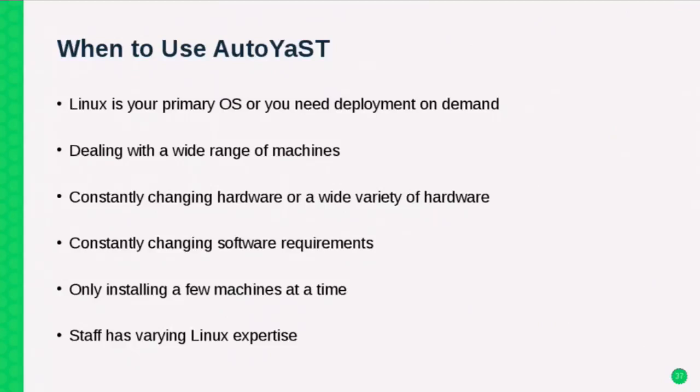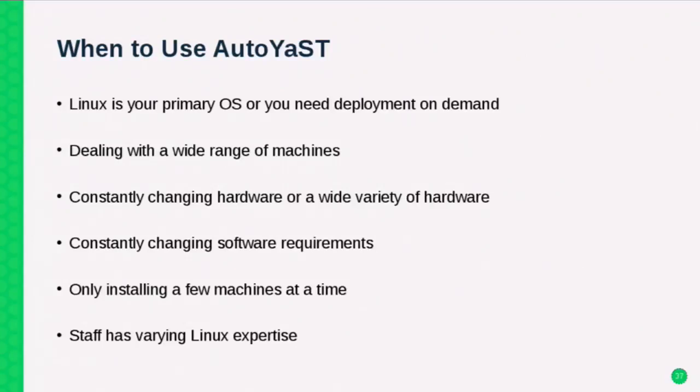So, in which cases will AutoYaST help you? It will help you when Linux is your primary or ideally only operating system on a specific machine, and it allows you to deploy the system on demand when you need it. You go and deploy a new system.